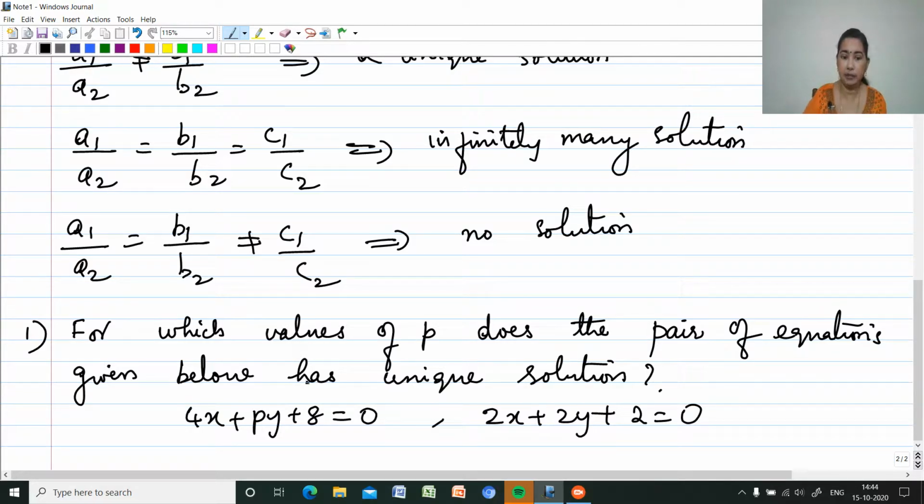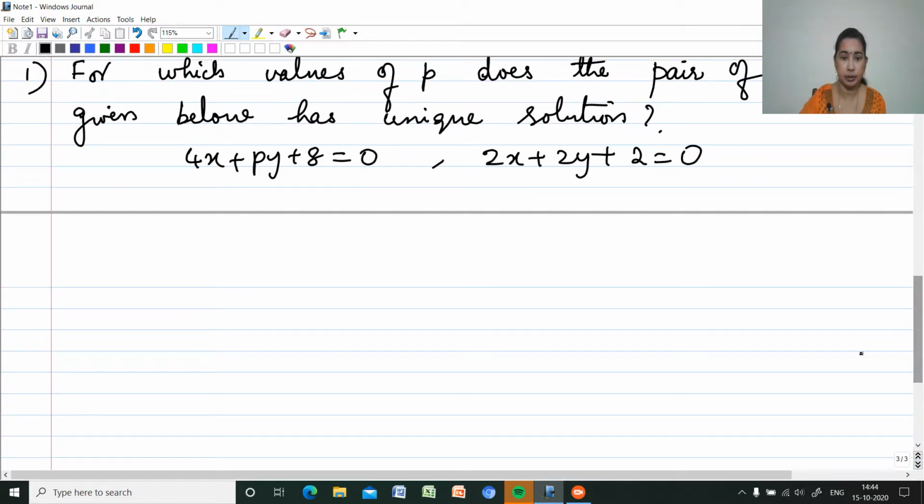Since it has a unique solution, a1 by a2 is not equal to b1 by b2.